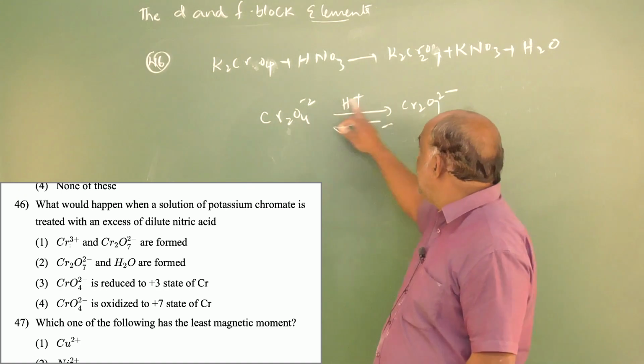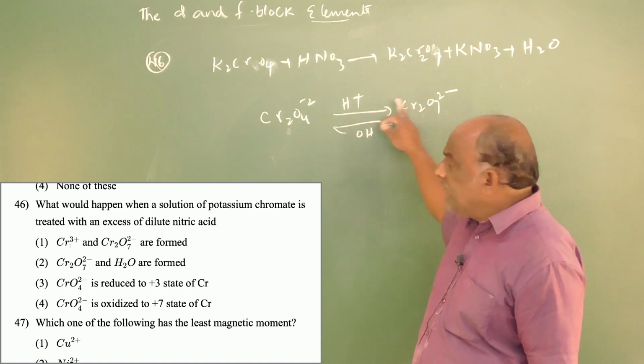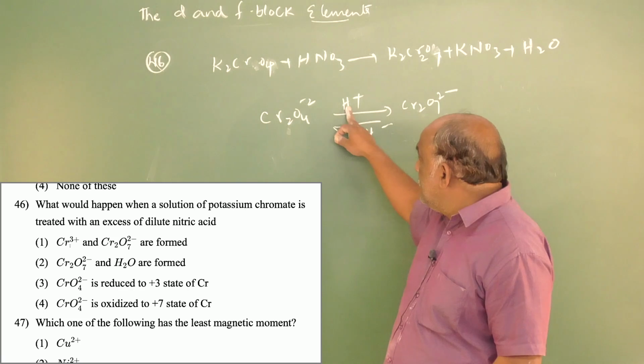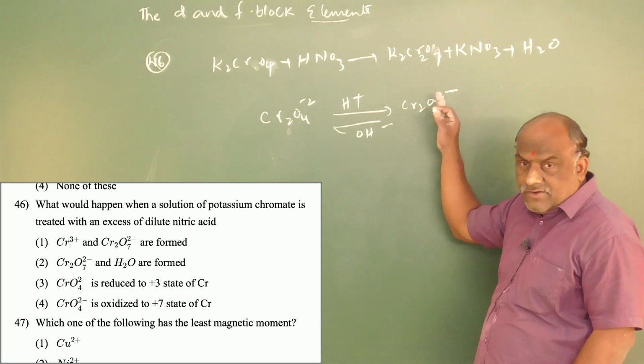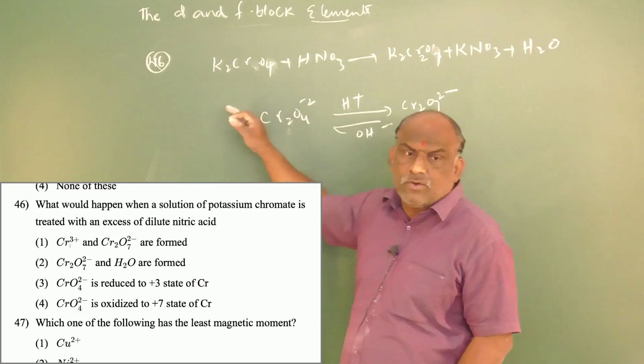Addition of acid to chromate gives dichromate. Addition of base to dichromate gives chromate.